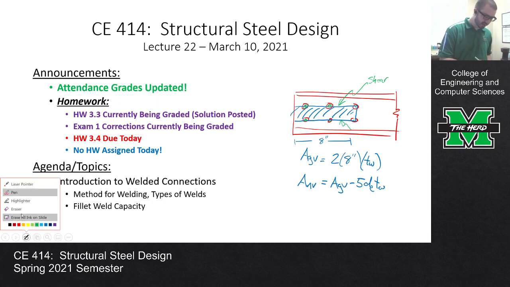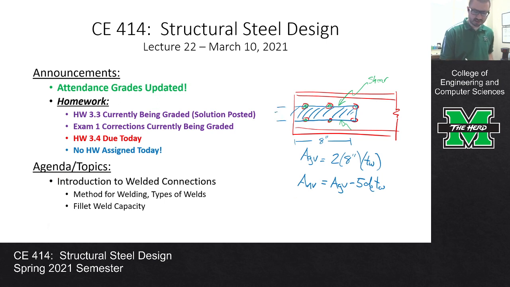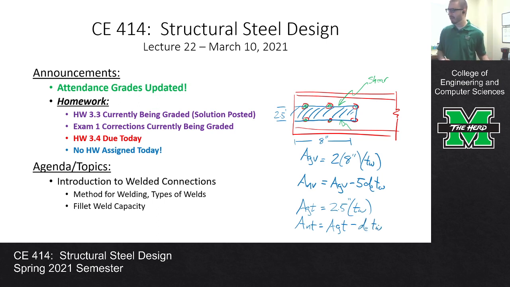The ANT, or the area for tension, this dimension was like 2.5. So AGT is 2.5 times tw, and ANT is AGT minus 1 hole. And then all of these will give you the capacity for 1 channel. One channel.